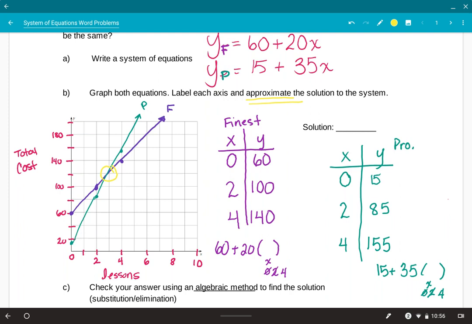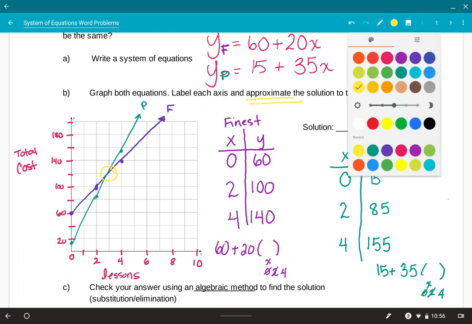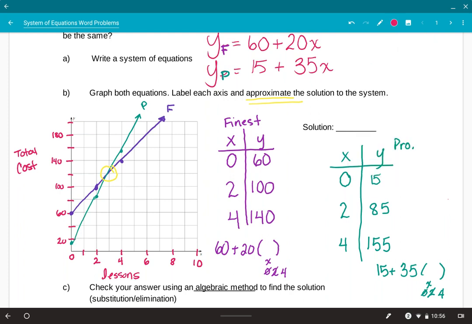If I really wanted to be accurate, I would go by ones, but then my graph would be humongous, and I do not want a humongous graph. So I can see it's getting to be about 3, 320. Some of your graphs may be a little bit different.